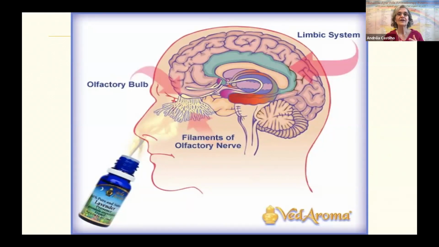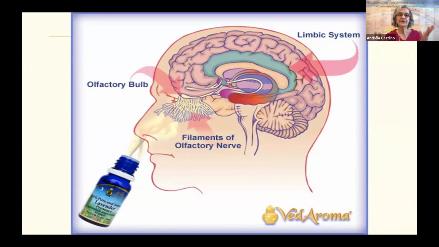This is how they travel up to the olfactory bulb, which you see on the upper left-hand side, and through the olfactory bulb to the limbic system, which then will have a number of effects.